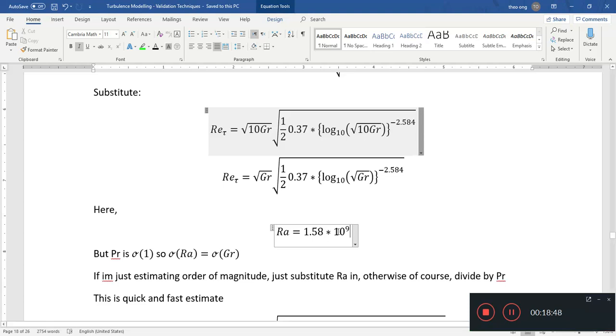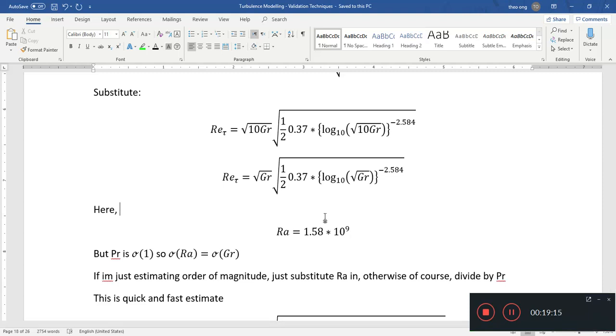I would say that the Prandtl number is on the order of magnitude of 1, so the order of magnitude of the Rayleigh number is the order of magnitude of the Grashof number. Because the Prandtl number is so close to 1, I just use the Rayleigh number and substitute it in these places where I would substitute the Grashof number. If you want to be rigorous, sure, but it'll just take longer. So I'm trying to take shortcuts to make it faster.